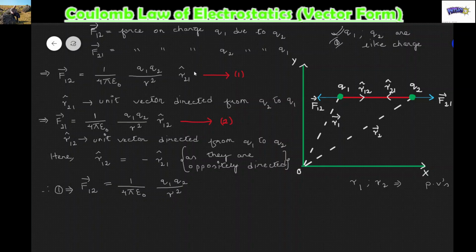Since R12 is equal to minus R21, why do we put this negative sign? Because they are oppositely directed. So in place of this R21 cap, we will substitute minus R12 cap, within the bracket.